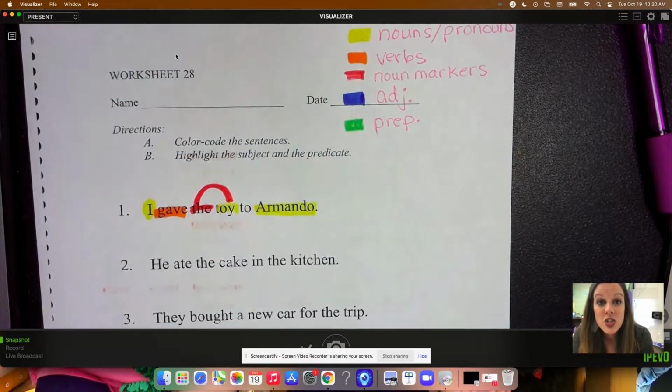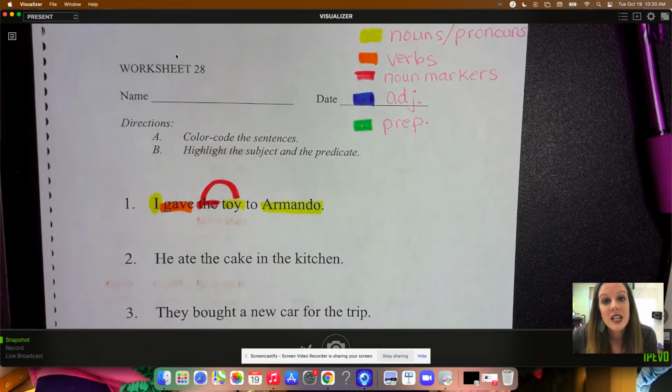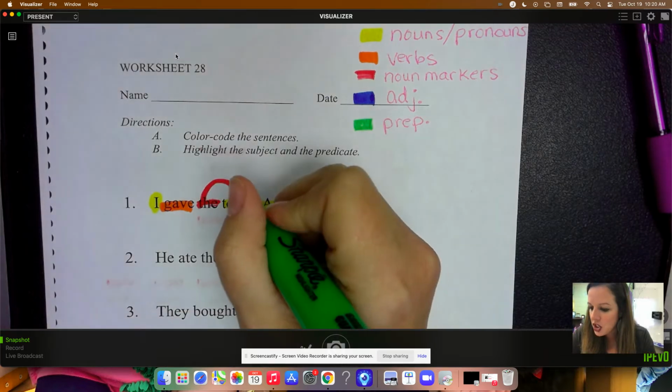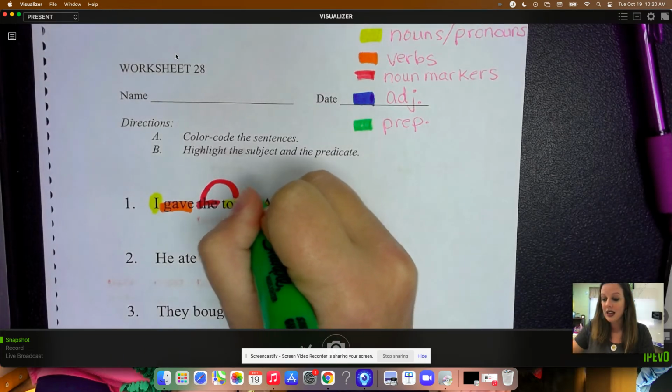To is a preposition, and Armando is the object of the preposition. To kind of means towards Armando. Stop and think. If you're giving something to someone, it shows a position. I gave the toy to Armando. So to is going to be green.